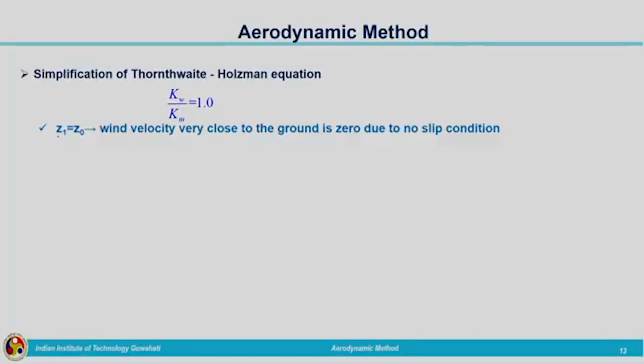We can consider Z1 very close to the water body, on the surface of the water body. So, Z1 is considered as Z0, and wind velocity close to the ground is 0 due to the no slip condition. That is, the water surface is not moving; in the water body, the water surface does not have any movement or velocity.